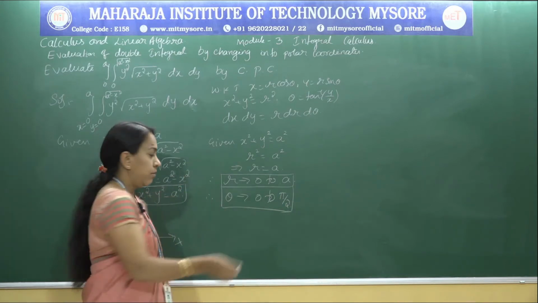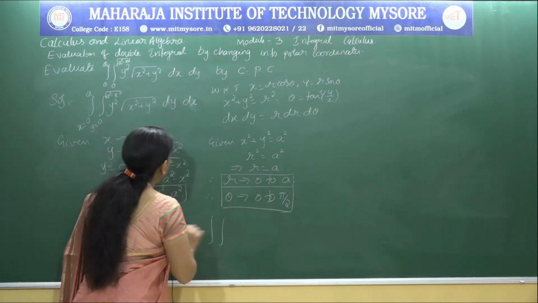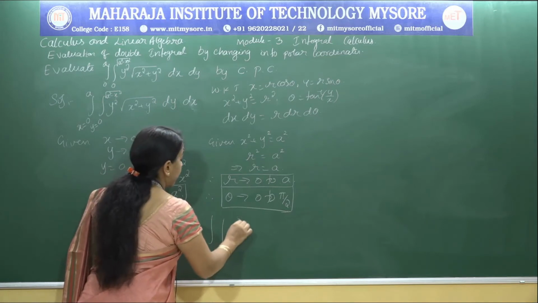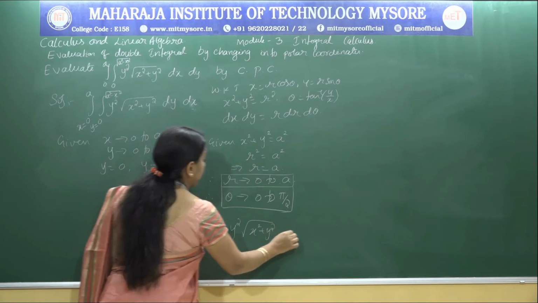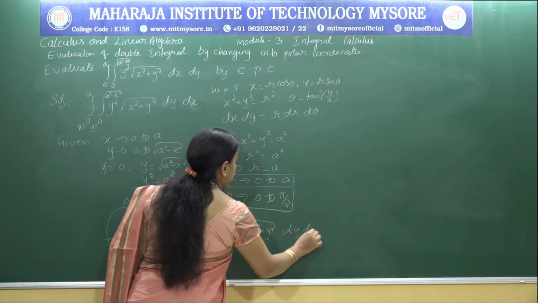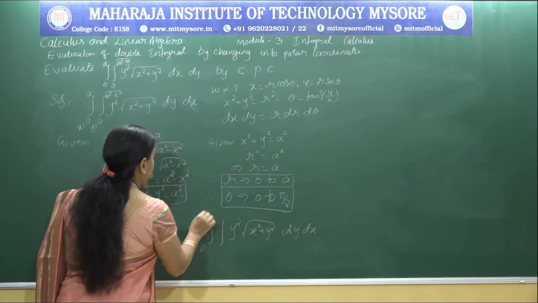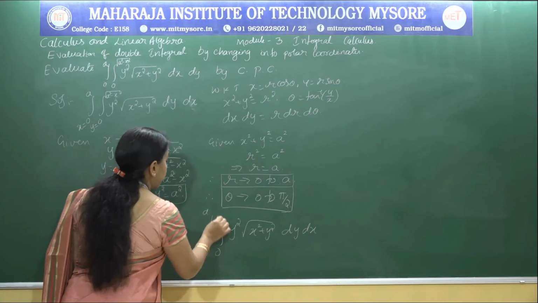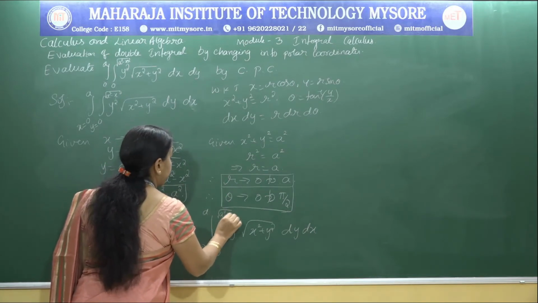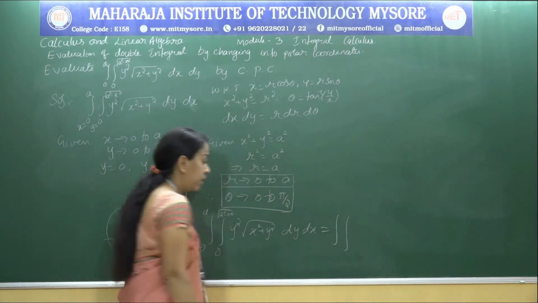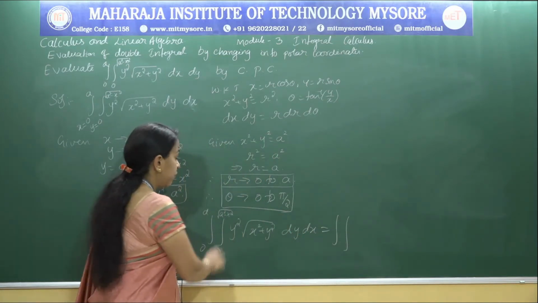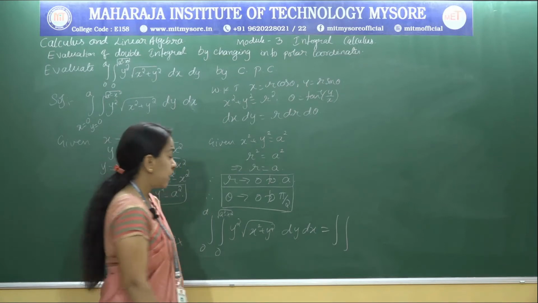Now consider the given double integral of y square root of x square plus y square dy dx between the limits 0 to a and 0 to root of a square minus x square. We know y is given by r sin theta.